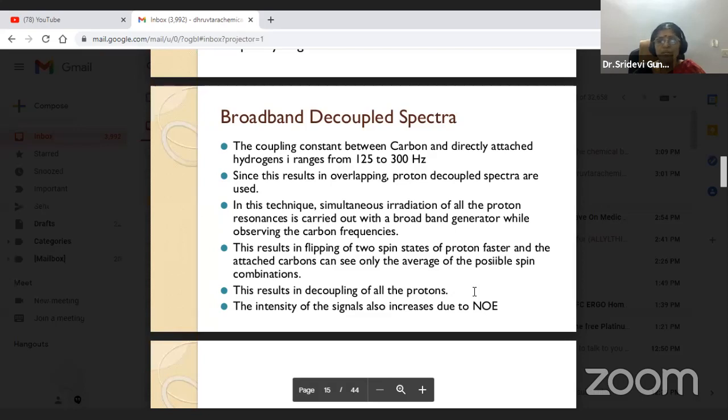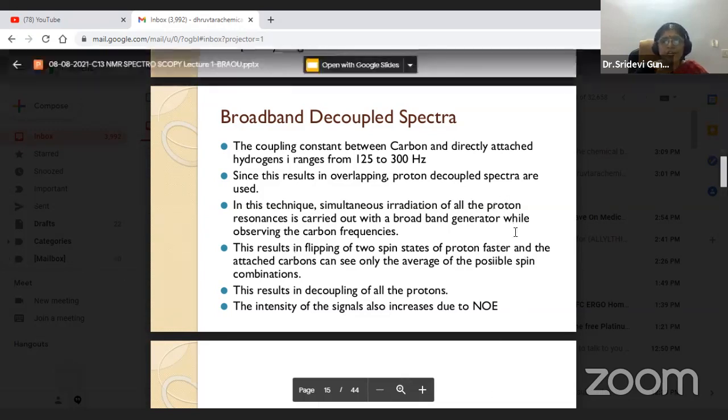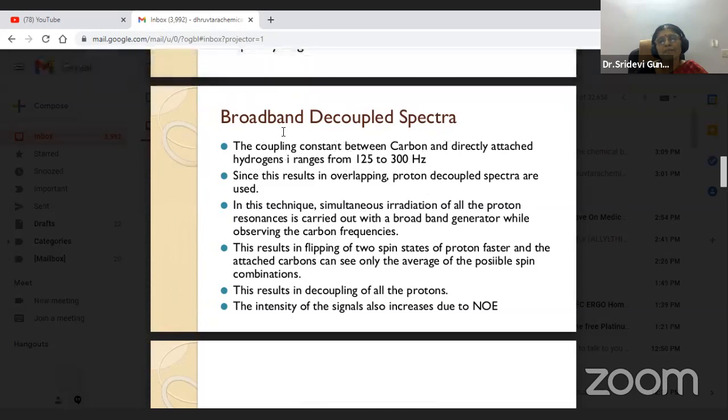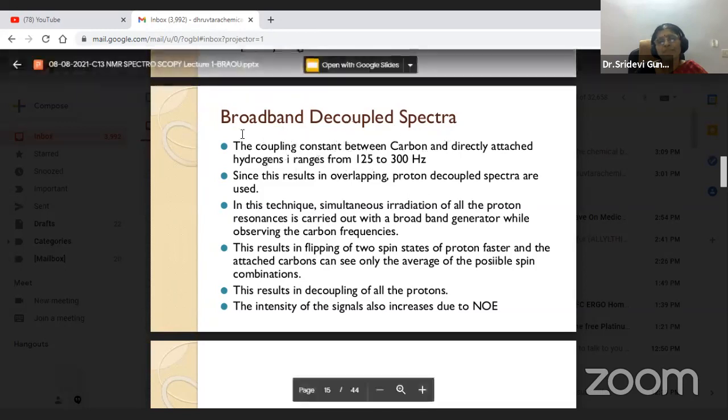And what are very important? The important ones are broadband decoupled spectra and SFORD. Okay, so broadband decoupled spectra. The name itself suggests something is decoupled here. So what is decoupled?